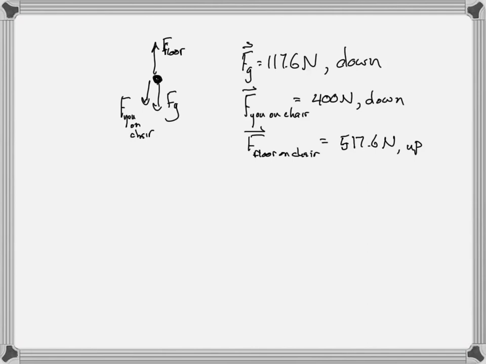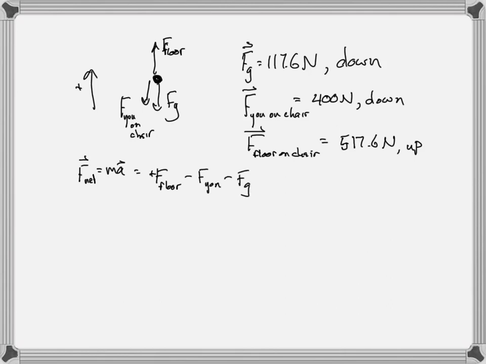So you still have to look at this, and if you don't see that immediately, you still have to do F net equals ma of the chair. The net force on the chair is the floor force upwards. Let's choose up as my positive direction. The floor force upwards minus your force downwards minus Fg downwards, right?